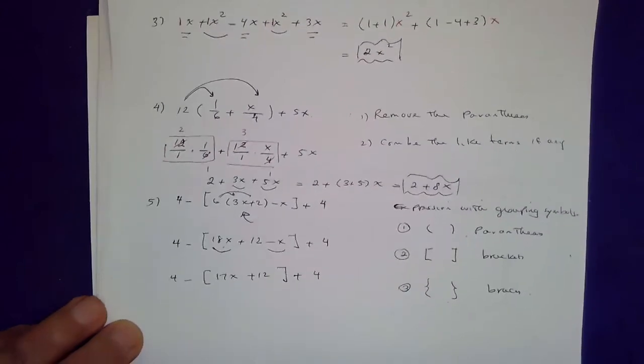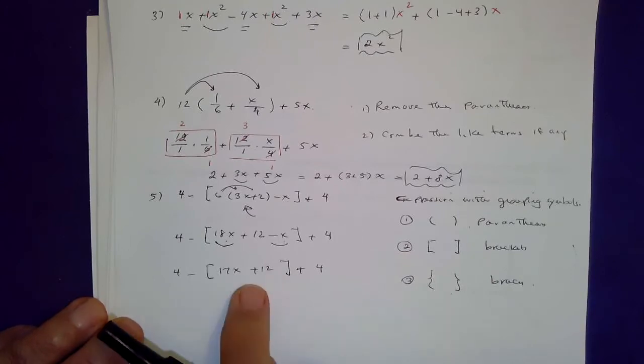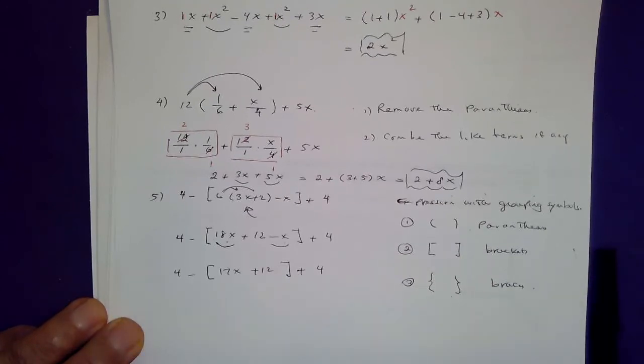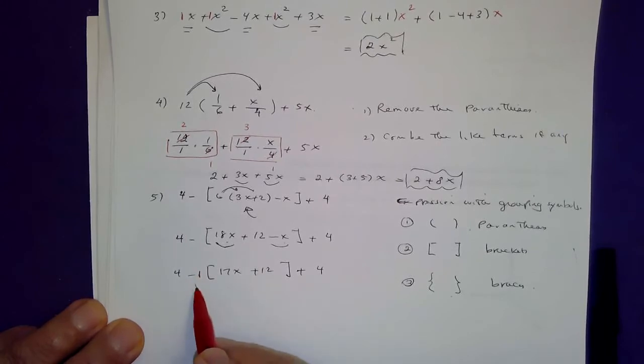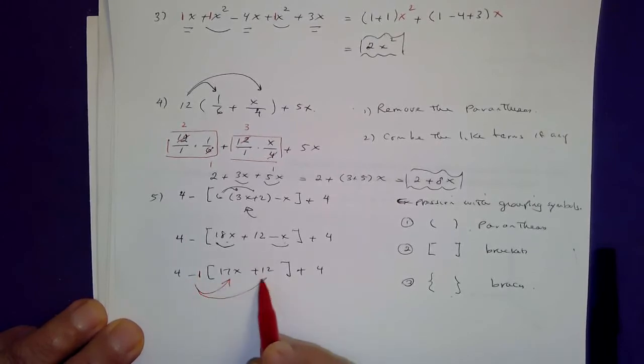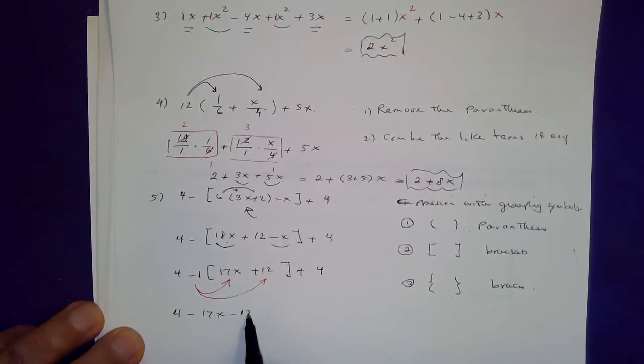4. Now that you simplified what's inside the brackets, it's time to remove the brackets. How do you do that? Remember, there's an invisible negative 1 here. So negative 1 gets to be multiplied by 17x and 12. What does negative 1 do to the 17x and 12? It changes their signs. So you get 4 minus 17x minus 12 plus 4.